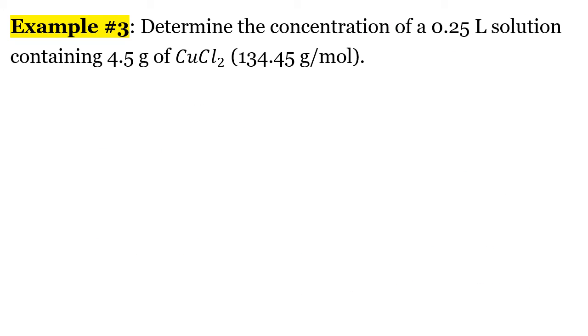All right, in our final example, it says determine the concentration of a 0.25 liter solution containing 4.5 grams of copper chloride, which has a molar mass of 134.45 grams per mole. So in this case, we're given the grams and we need to work backwards because we want the concentration. Remember, concentration is our molarity.